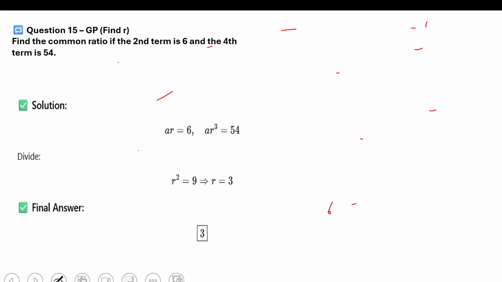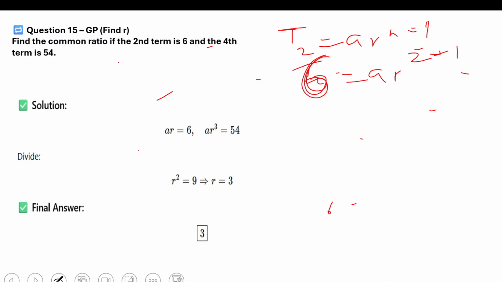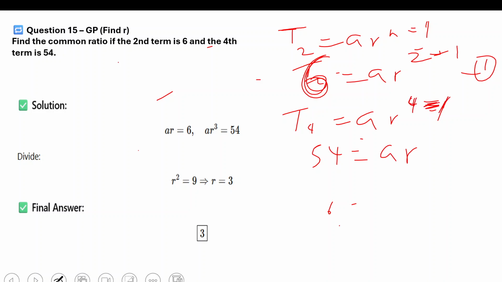So find the common ratio. The second term T2 is a r to the power n minus 1, and T2 is 6. Then a r, with 2 minus 1. This is equation 1. Then the other one is T4, not T6. T4 is a r to the power 4 minus 1, and T4 is 54, so a r cubed.